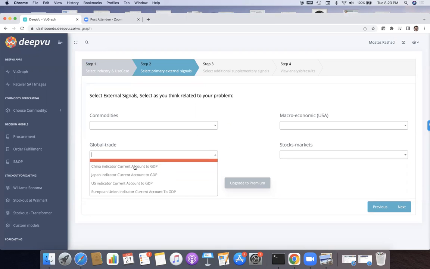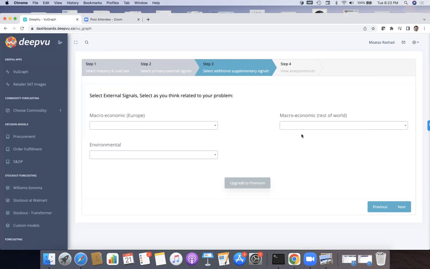And then from the global trade, current account to GDP for the major economies. There is macro in terms of currencies as well for the key countries that impact vehicles like South Korea and Japan and China and so forth. And also the euro as well and the sterling.